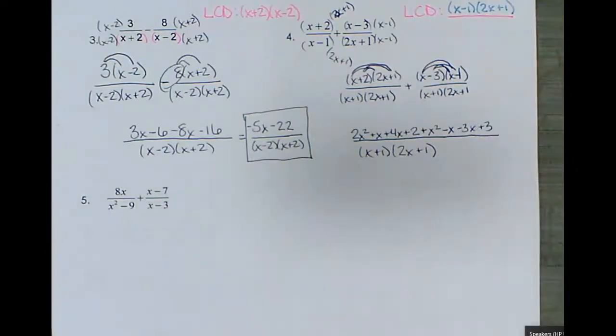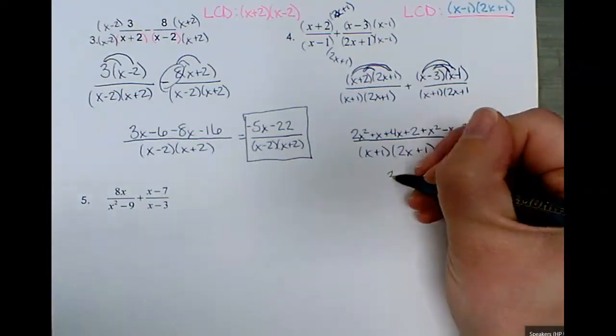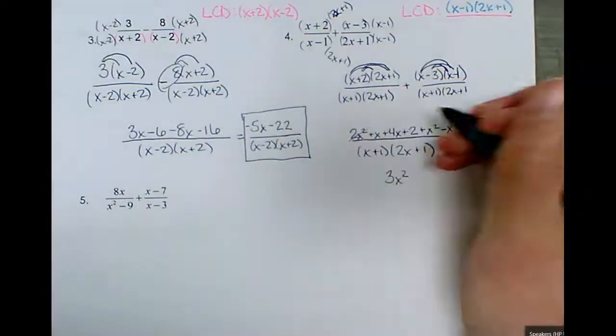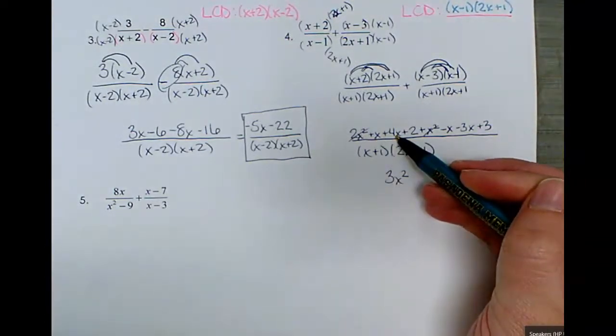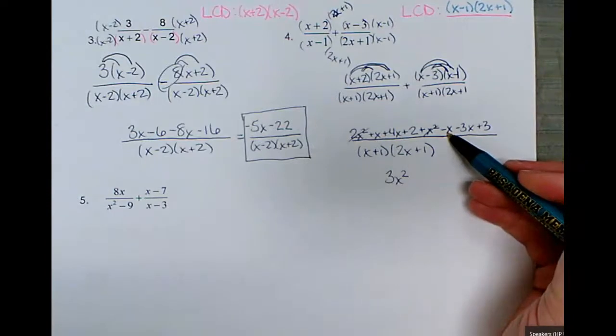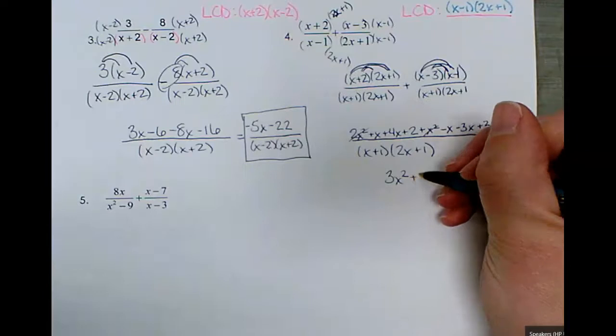To combine, 2x squared, x and 4x make 5x, minus 1x makes 4x, minus 3x makes 1x.